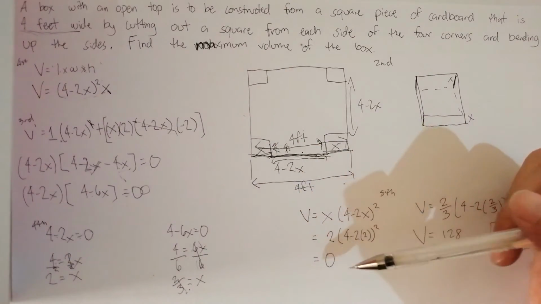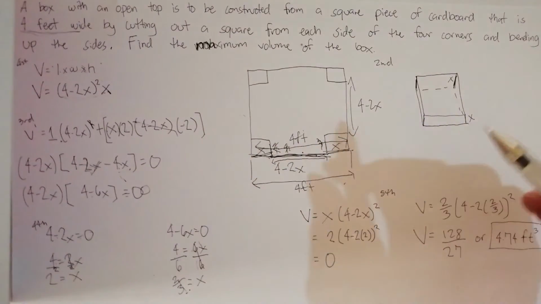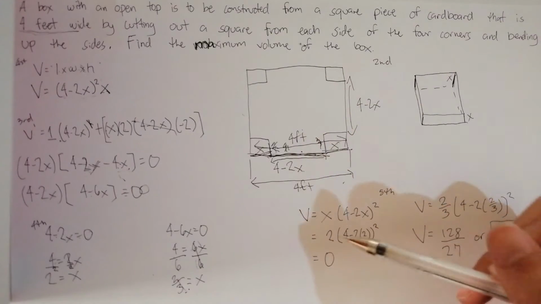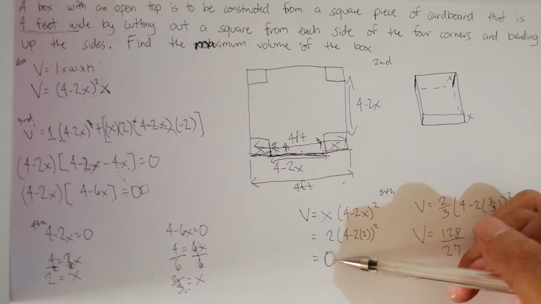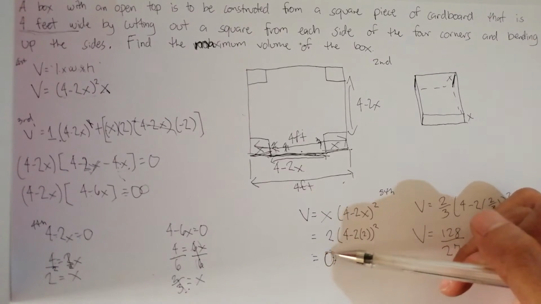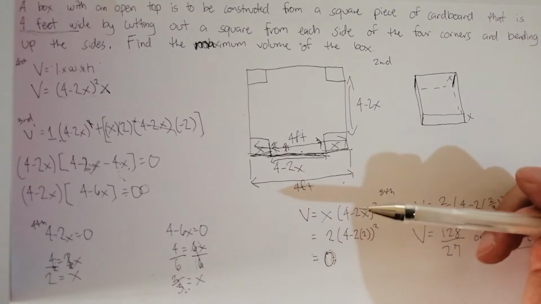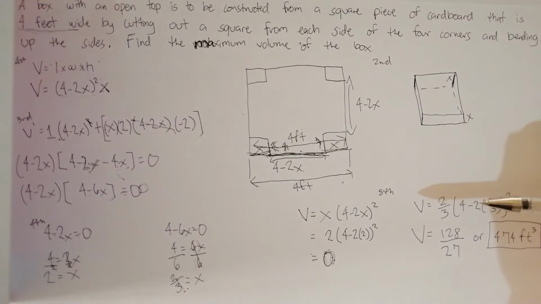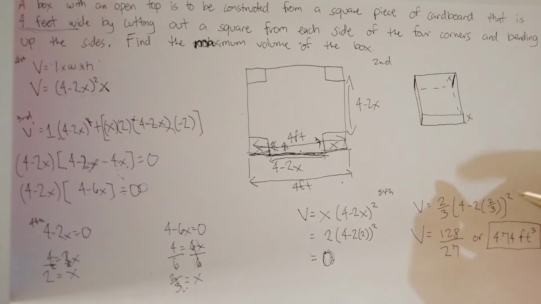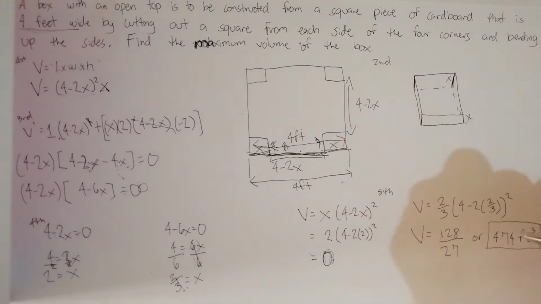Now if we use the value x equals 2, the result will become 0. Now that's not the maximum volume of the box. If we use 2/3, the result will be 128 over 27, or 4.74 feet cubed. And that's our final answer.